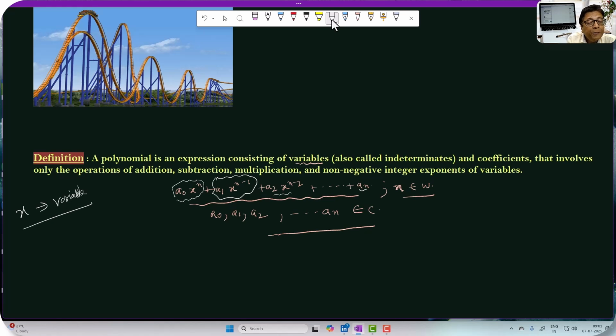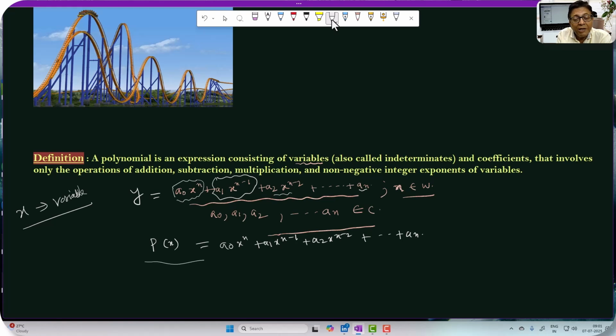Now, if you write it in the form y as the polynomial, then this y is going to be a function of x. Those who have studied polynomials at class 9-10 level must have used this symbol for a polynomial, p(x) equal to a0 x to the power n plus a1 x to the power n minus 1, a2 x to the power n minus 2, and so on, plus an.